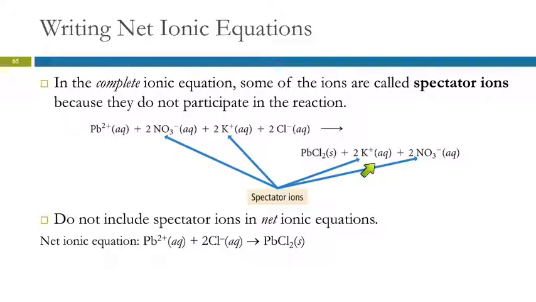So that's actually what's going on. The nitrate and the potassium are there, but does it really matter that chloride came with potassium instead of sodium or some other ion? No, it doesn't. Any questions?